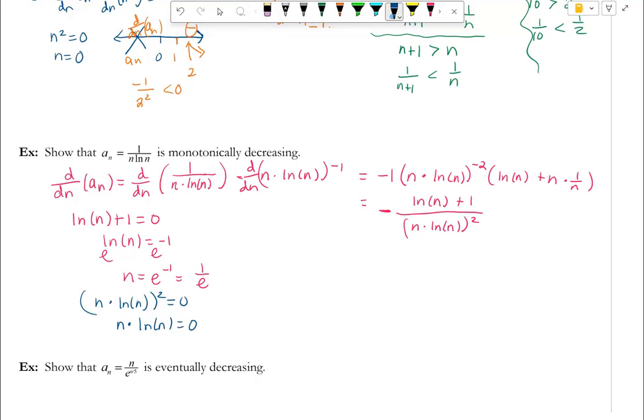And then using the zero product property, this is going to be anywhere n equals 0 or anywhere the natural log of n equals 0. And again, if we exponentiate both sides, we know that is where n is equal to 1, or we just remember that fact. So if we go to our number line, we've got 3 numbers on our number line. We have 0, we have 1 over e, and remember e is about 2.7 and some change. So that number is between 0 and 1.